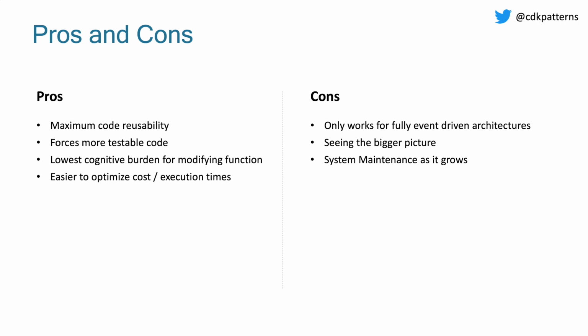So when you see the single purpose functions, it's easy for you to know how it stitches together. But in a real world app, if there was 700 of these, it would be hard to see the bigger picture of how this is all stitched together if you don't previously know all of that logic in your head. And then finally, system maintenance can be an issue with this as your number of Lambda functions grows.